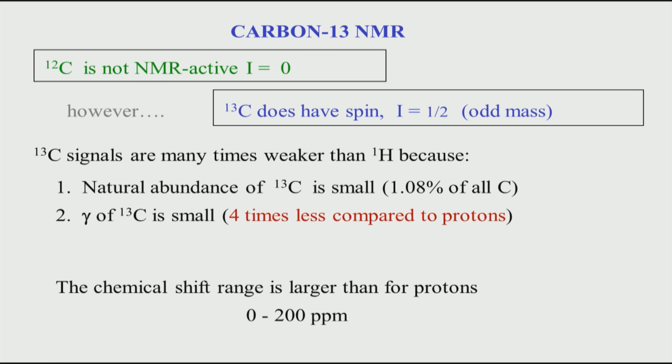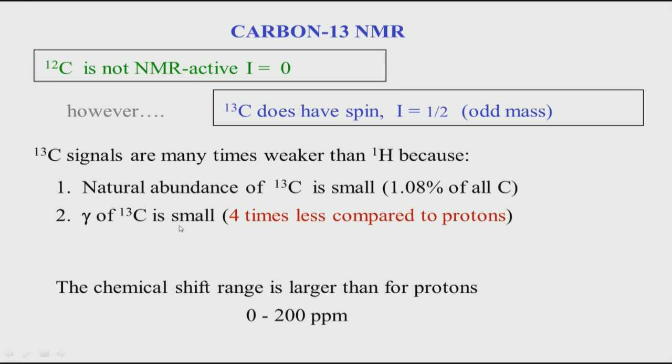So during detection, the sensitivity of the gamma again comes into the picture, and therefore there is a problem twice. First, when you excite, the sensitivity is already low because the population difference is low, but when you detect carbon, it is again low because of this low gamma. So basically it is like a square, two times gamma comes into the picture.